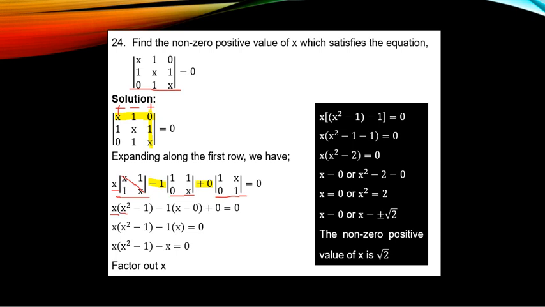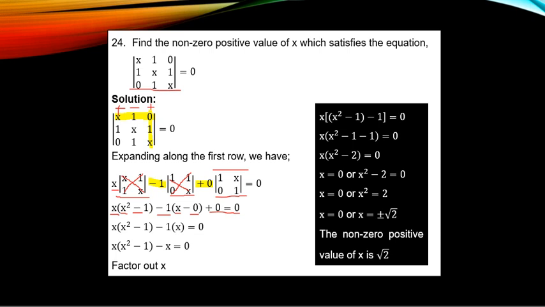This minus now is the difference of the 2 diagonals, then you take 1 times 1, that is 1. The second entry you have minus 1 times (1 times s is s, minus 1 times 0 is 0). The coefficient of the third entry is 0. That makes it 0 equal to 0.